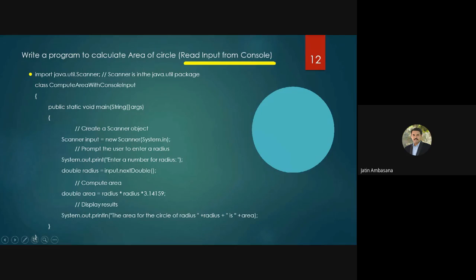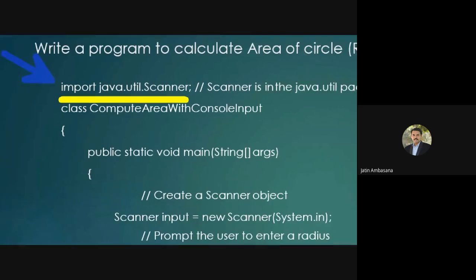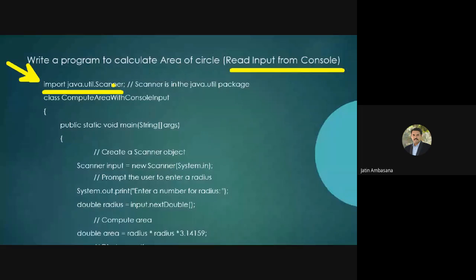Here also we are saying import java.util.Scanner. What is import? Import brings in various classes or interfaces that we want to use from various APIs. In C language you used to do hash include, right?